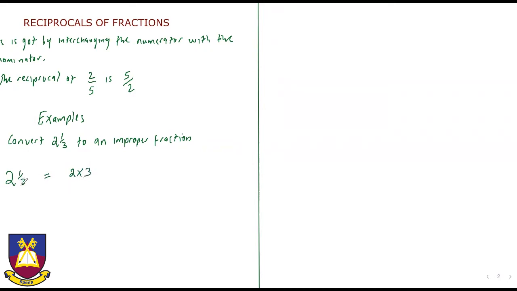You multiply this by this, then add what is here, everything all over 3. This gives us 6 plus 1 over 3, which is equal to 7/3. That's how we convert to improper fractions. You can skip some of the steps as you become comfortable converting from one form to another.